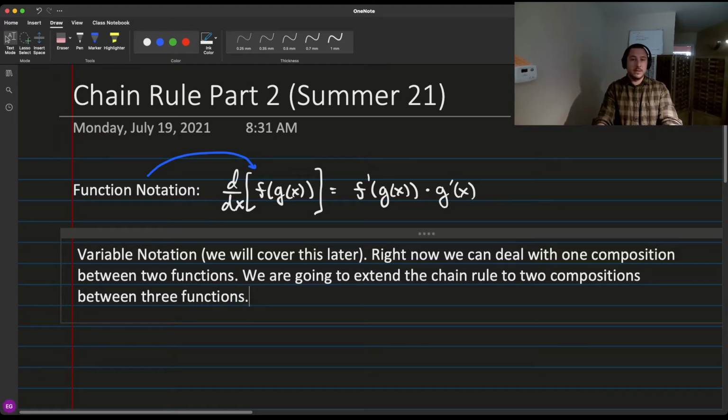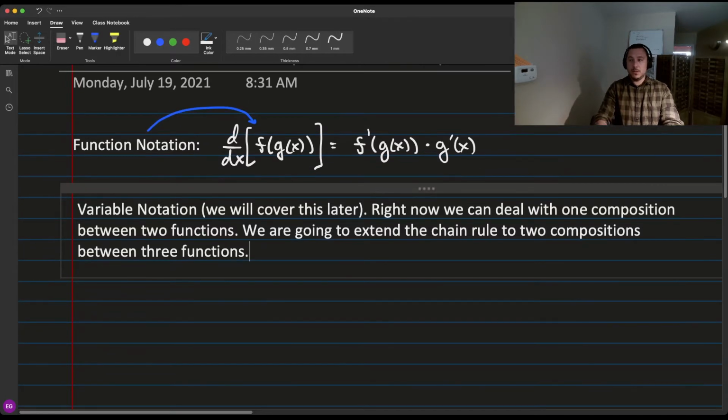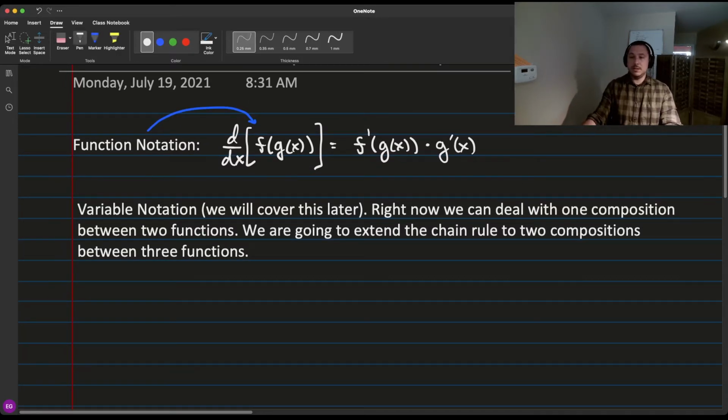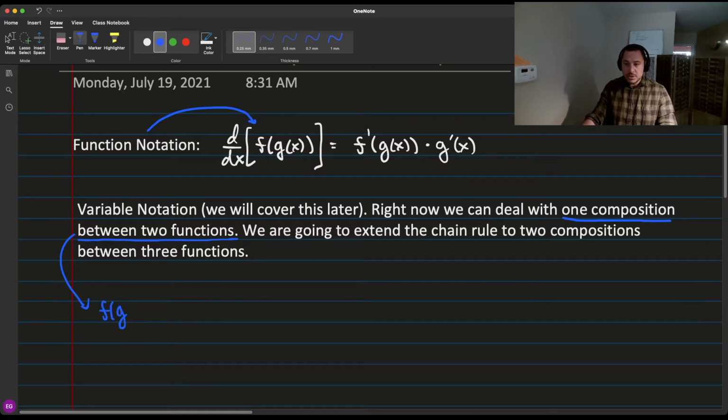Okay, so what do I mean by that? One composition deals with two functions. You can do something like f compose g, or f of g of x.